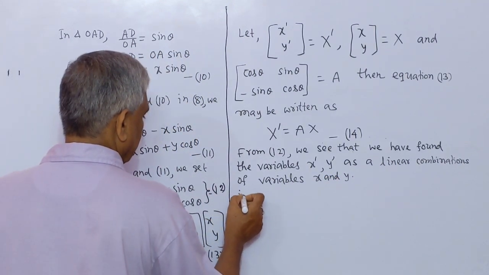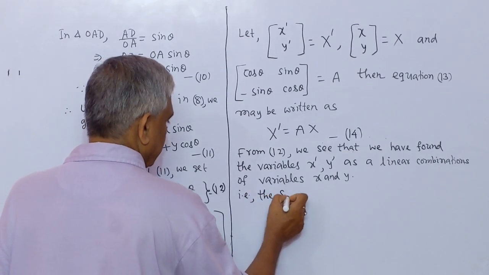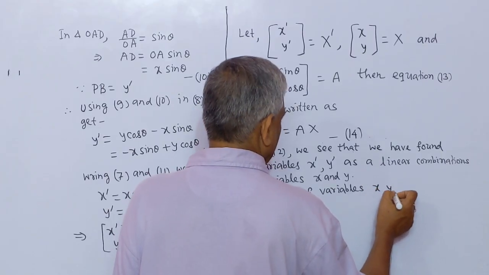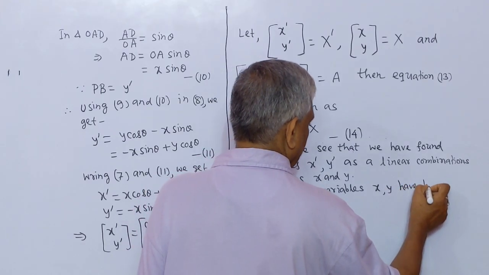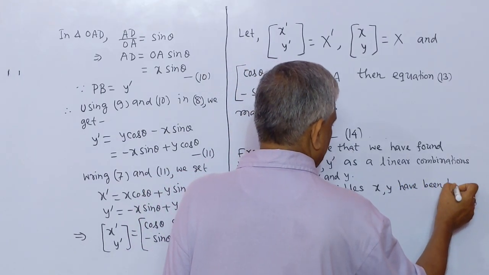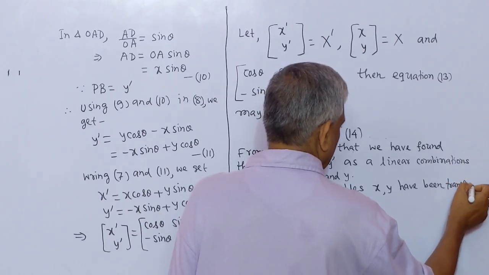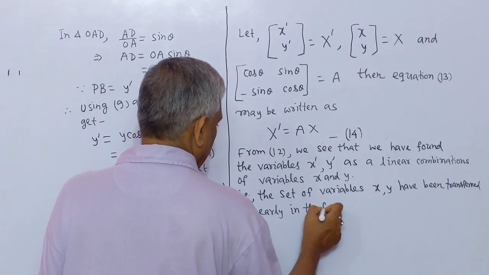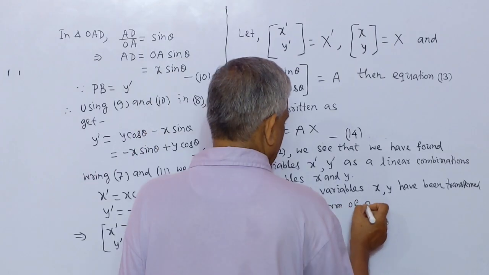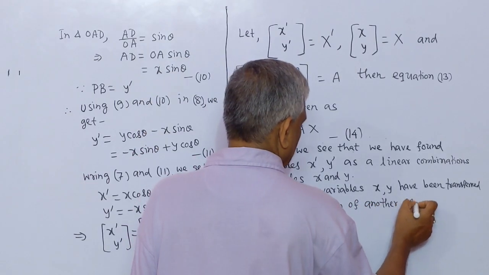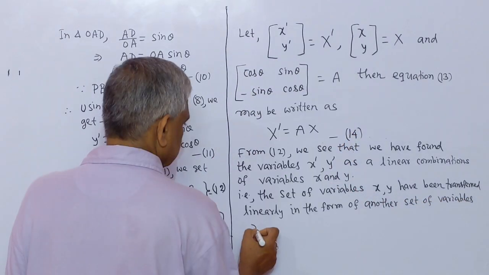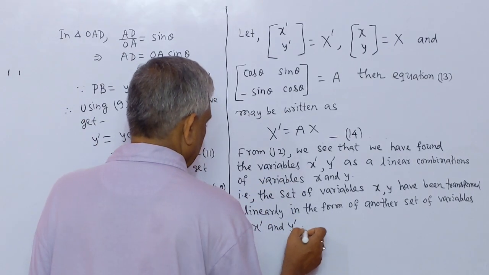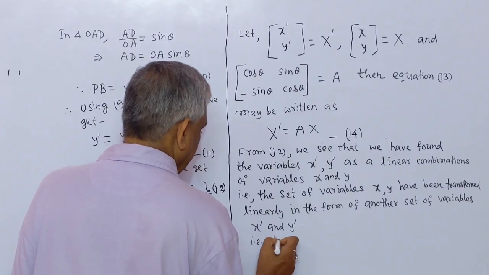That means the set of variables x, y have been transferred linearly in the form of another set of variables x prime and y prime, that is, linearly transferred.